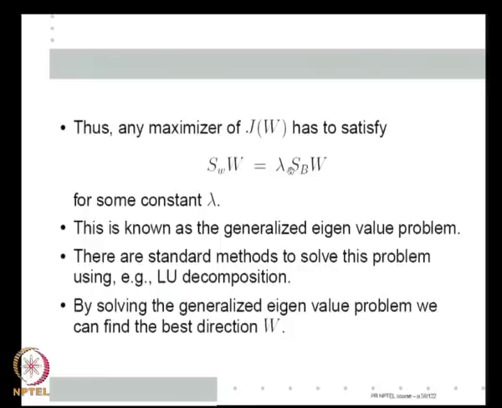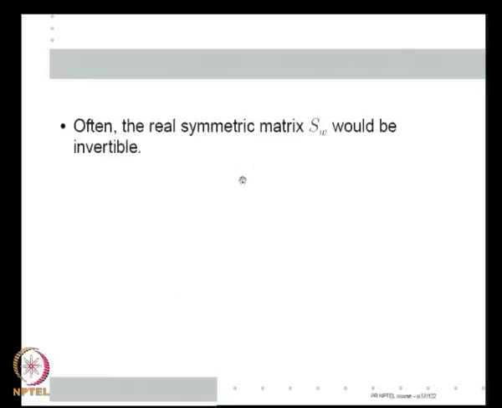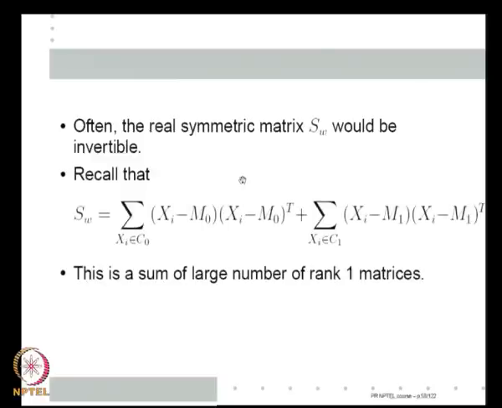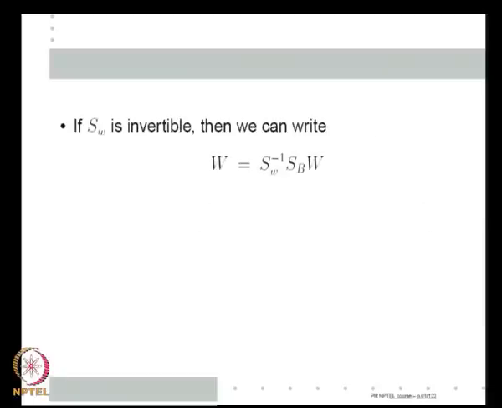So I get an equation for W, or at least a relation W is equal to something. Let us look at that relation. Suppose SW is invertible, then W can be written as SW inverse SB times W. There has to be a lambda here. I omitted the lambda because ultimately constant factors do not make much difference, but anyway there is a lambda here. Let us not worry about that right now.